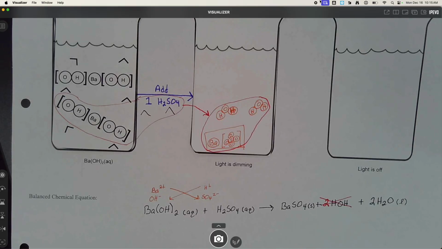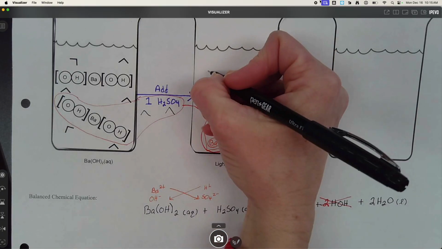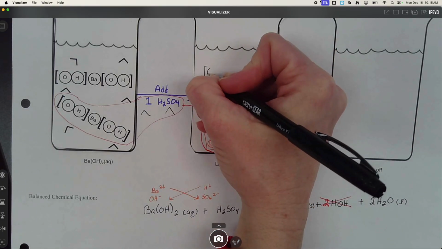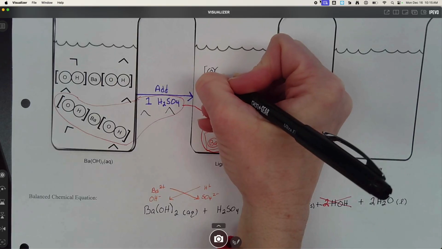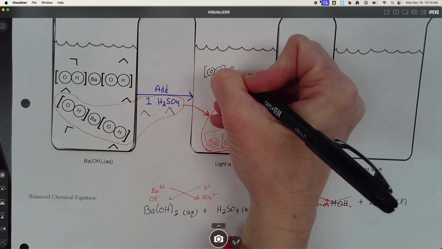But we also had some leftover stuff. The leftover stuff didn't leave the beaker, so we've got to drag the leftover along for the ride. So here's my barium hydroxide that didn't get used up yet, because I didn't have enough sulfuric acid.